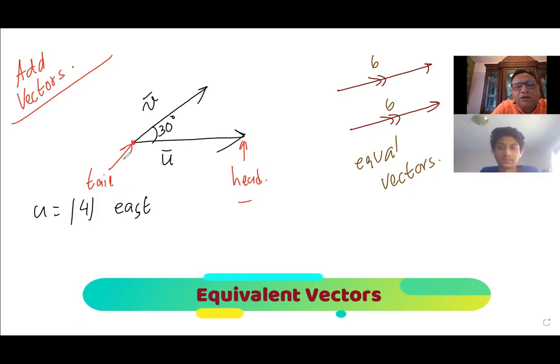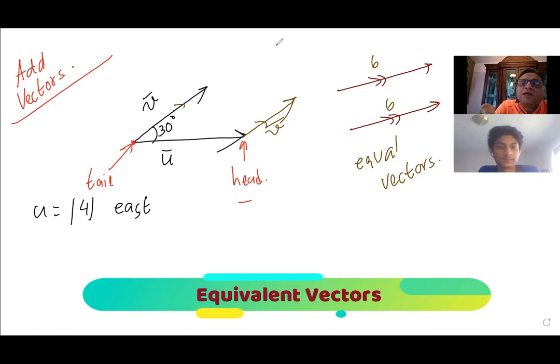Now if I want to add v to u, the process is I could draw this vector at the end of u. So we draw a parallel line to this. It is also vector v, because both are parallel and have the same magnitude. So you can imagine that you went first along the u direction and then along v. That is the computation of the path.